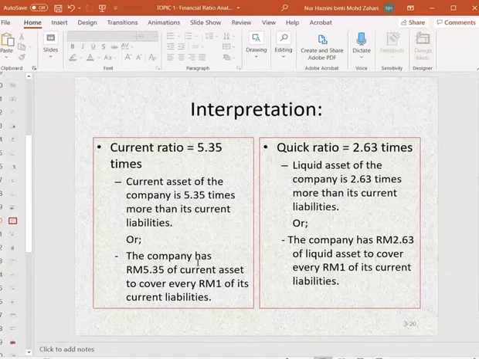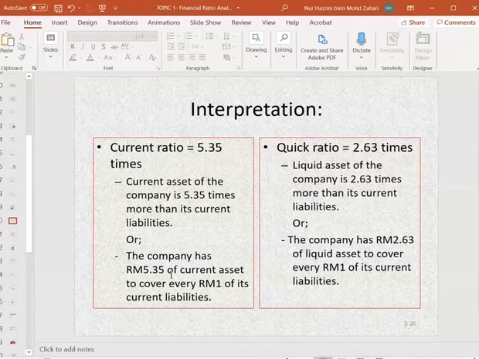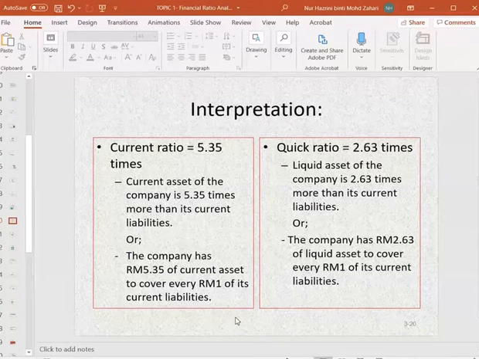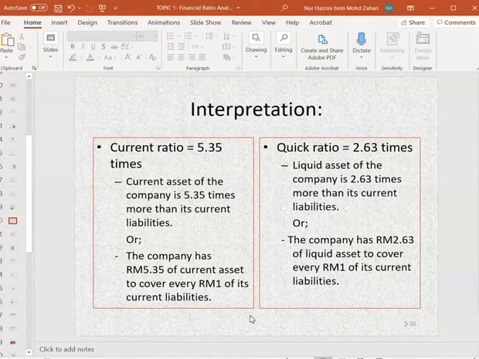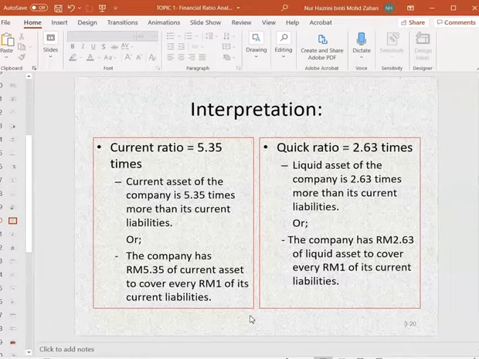The company has 5.35 ringgit of current asset to cover every 1 ringgit of its current liability in case of anything happen. So it means it's good. Your current liability is 1 ringgit only, but your current asset is 5 ringgit, so you are able to cover your current liability in case of liquidation, bankruptcy or anything.